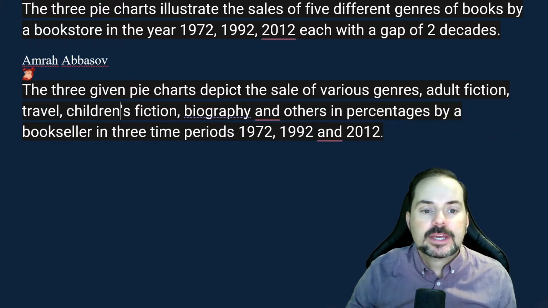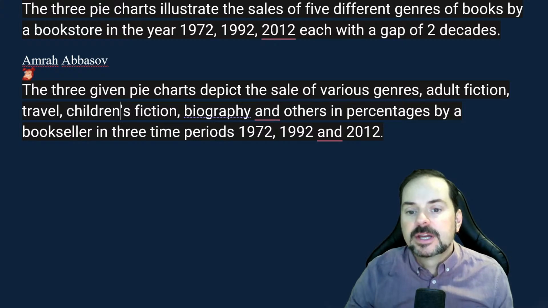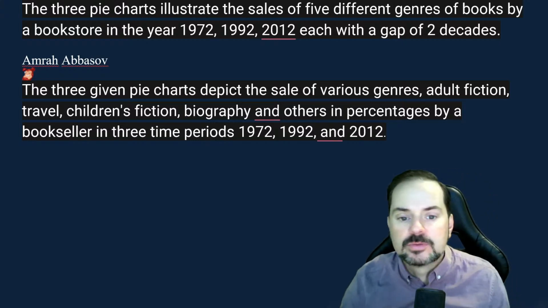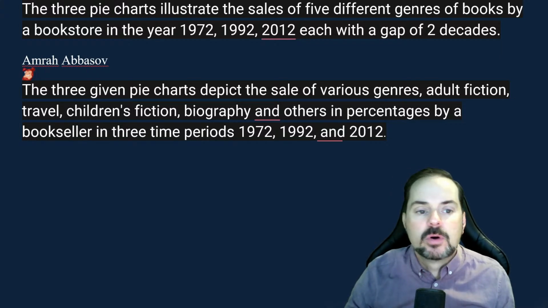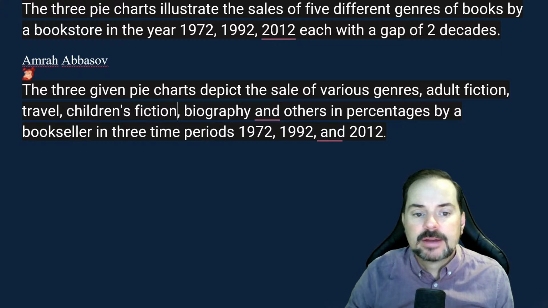The 3 given pie charts depict the sale of various genres: adult fiction, travel, children's fiction, biography, and others in percentages by a bookseller in 3 time periods: 1972, 1992, and 2012. Good. Just one small suggestion, Amra. When you have adult fiction, children's fiction, you can combine those like I did, so you don't have to repeat words.